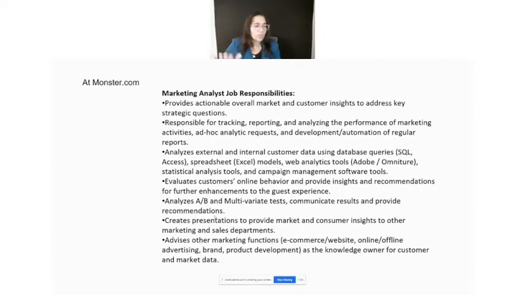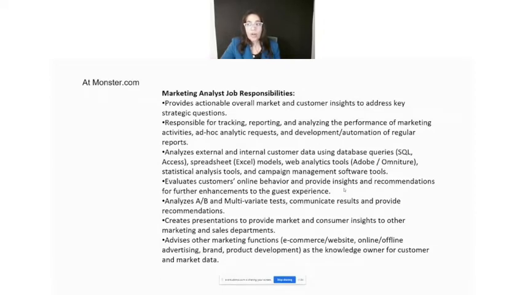Certain tools could differ, but overall, a marketing analyst should be providing actionable market and customer insights to address key strategic questions, responsible for tracking, reporting, and analyzing performance. So complete reporting across campaigns. Analyzes external and internal customer data using database queries. So you want to understand database, spreadsheet, web analytics tools, just like the Google Analytics we talked about, statistical analysis tools, and campaign management software tools.